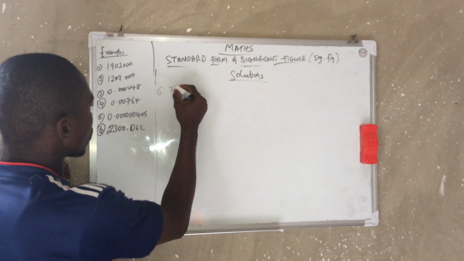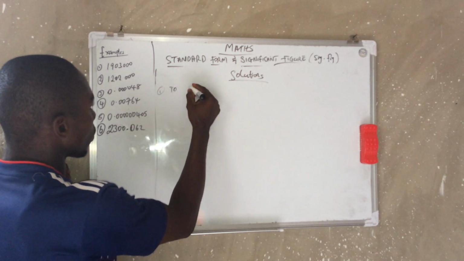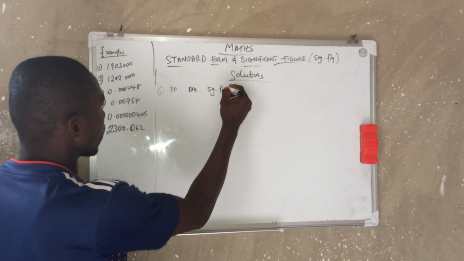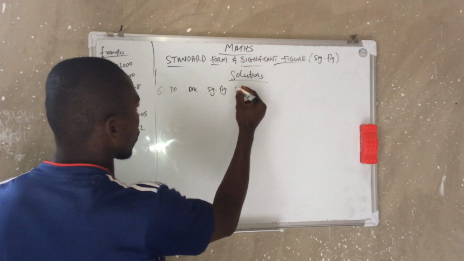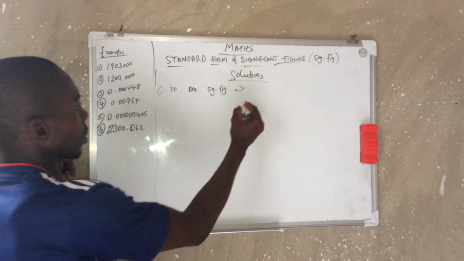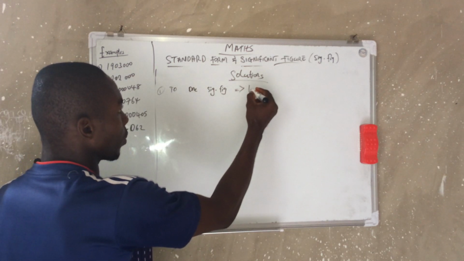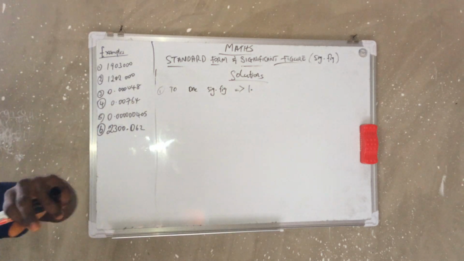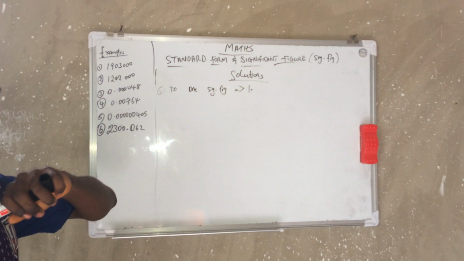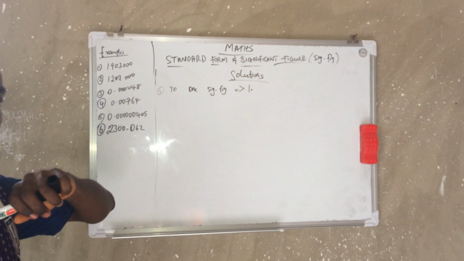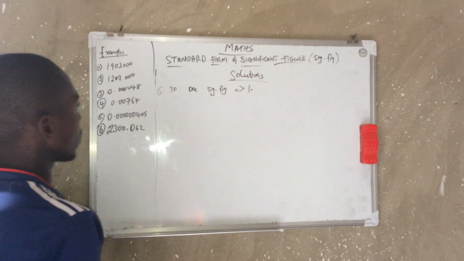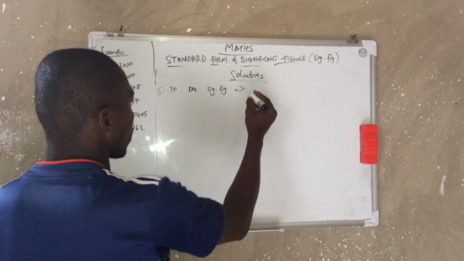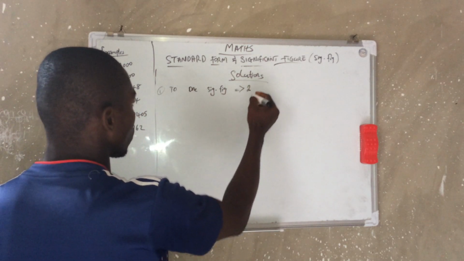So to one significant figure, we have what? To one significant figure is just 1. Or maybe if you want to approximate, you can actually write 2.